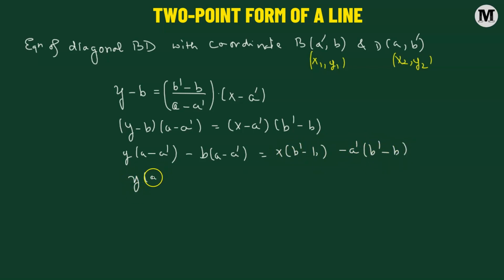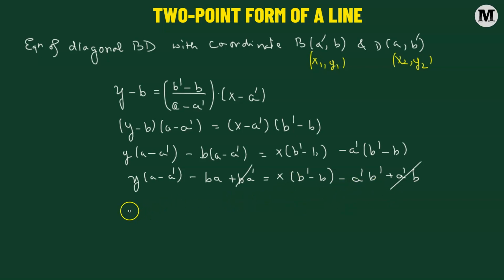We get y times a minus a prime minus b times a plus b times a prime equals x times b prime minus b minus a prime b prime minus a plus a prime times b. So here immediately a prime times b will get cancelled out from both sides.